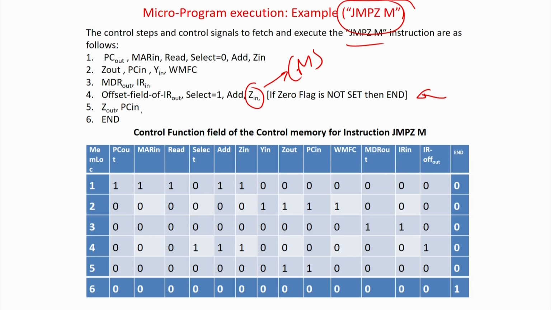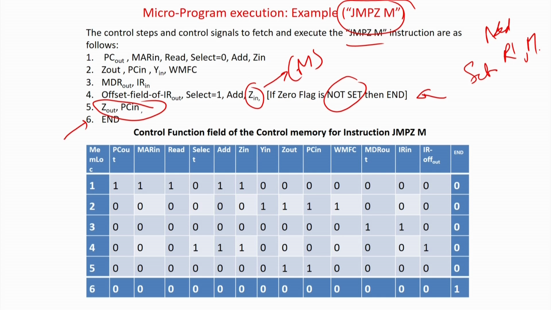Otherwise you execute the next macro instruction. So if the 0 flag is set, then you are going to execute this one, Z out equal to PC in. Otherwise you have to go to micro instruction number 6, which corresponds to N. Maybe after jump on Z M, the 0 flag is not set, in that case you have to jump to N. After N, this micro routine ends, and maybe after this macro instruction jump on Z, say add R1 M is there in your macro routine.